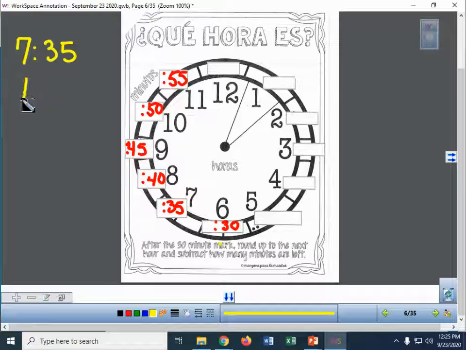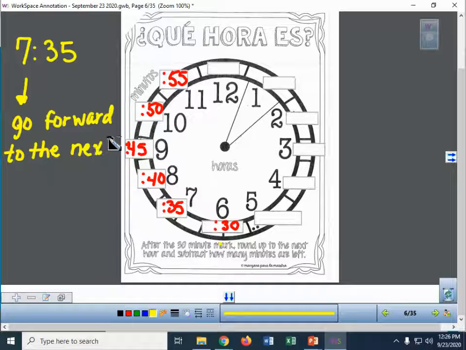So what do I need to do? Well, first, you're going to go up a number. You're going to go forward. So for 7:35, what you need to do is go forward to the next hour.